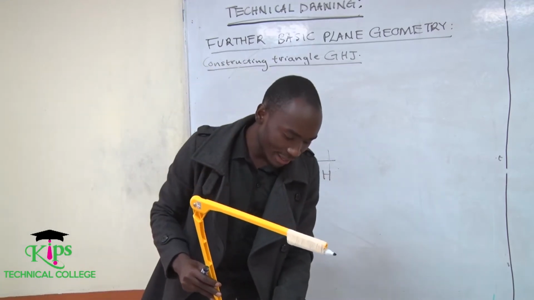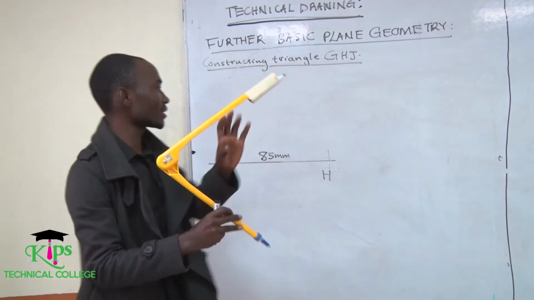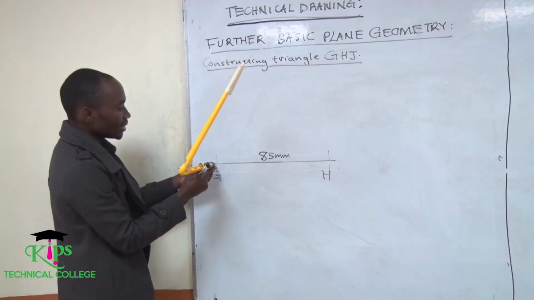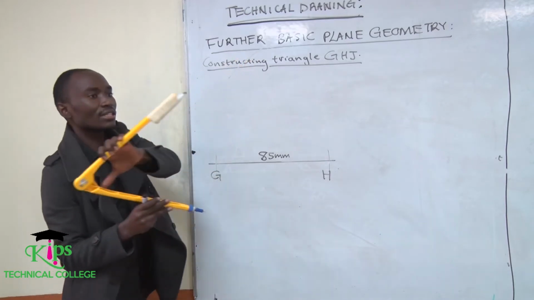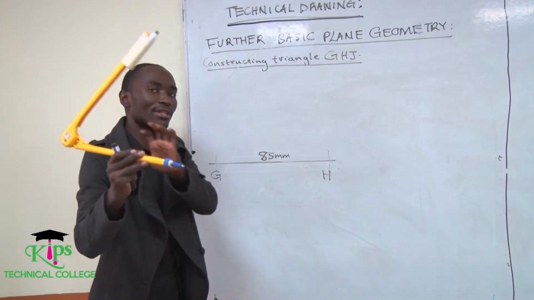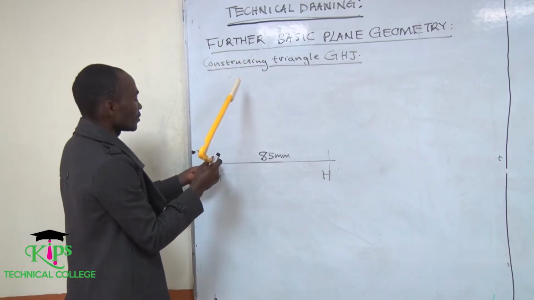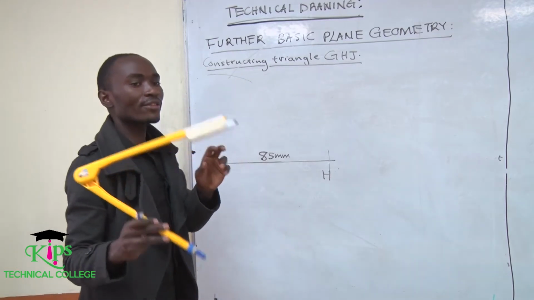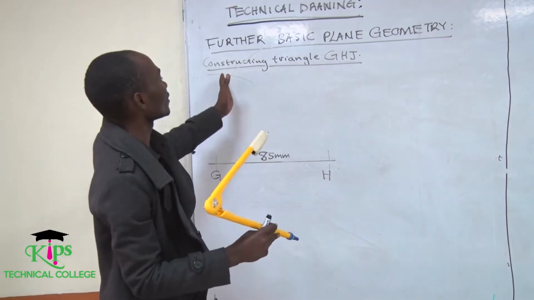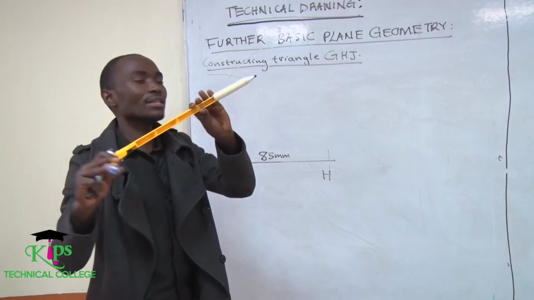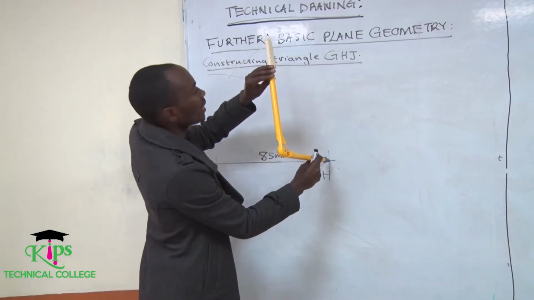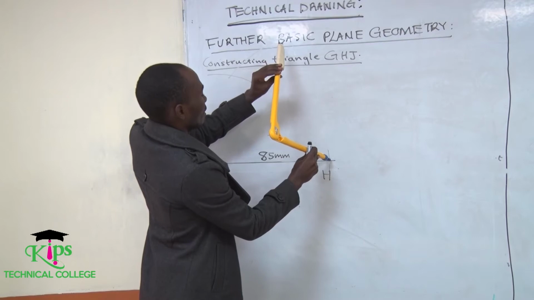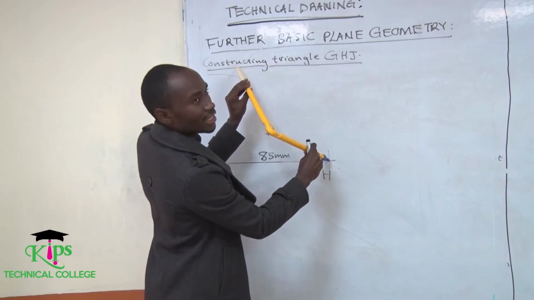So again, let me take 60 millimeters standing at G. Assuming that this is my 60 millimeters, I put an arc. For this one I measured 90 millimeters standing at H, I marked 90 millimeters.